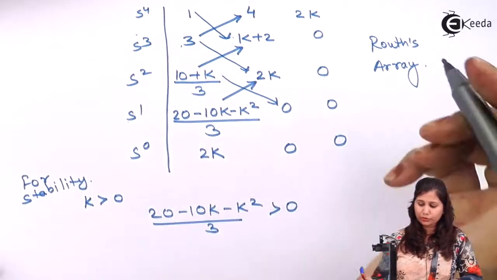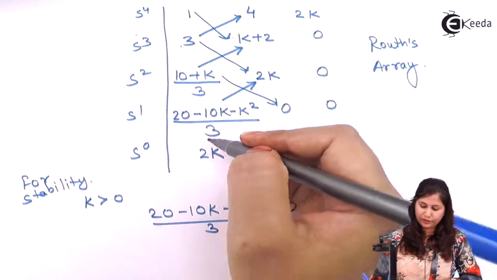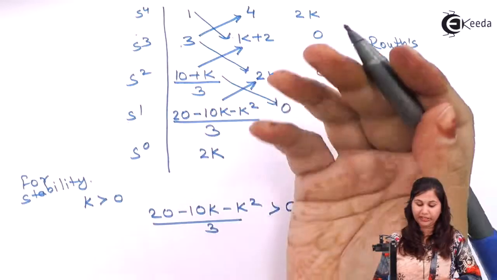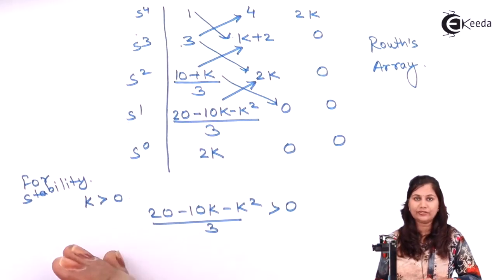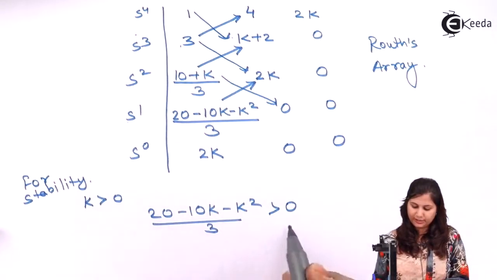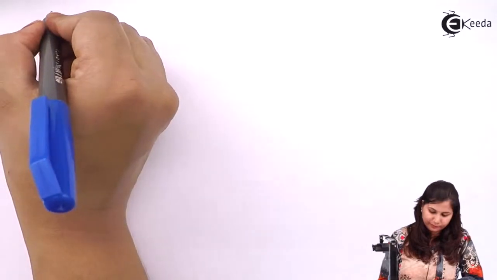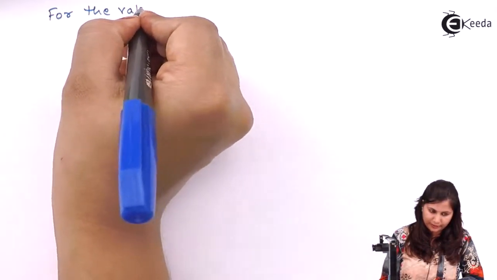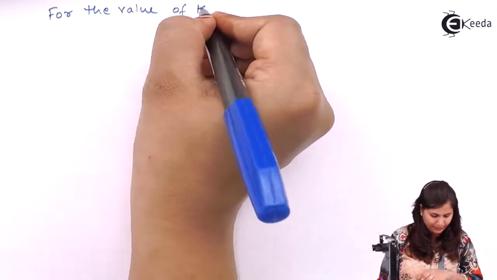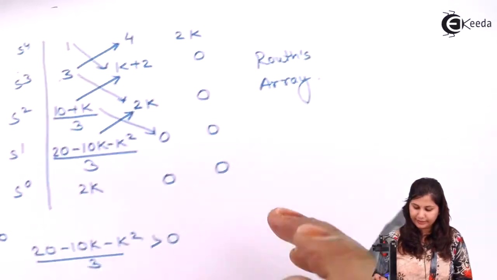Okay, because Routh stability criteria says that the first column terms should be greater than 0 and non-negative. There should be no sign change here. So this has to be greater than 0. So to determine the value of k, we have 20 minus 10k minus k square greater than 0.